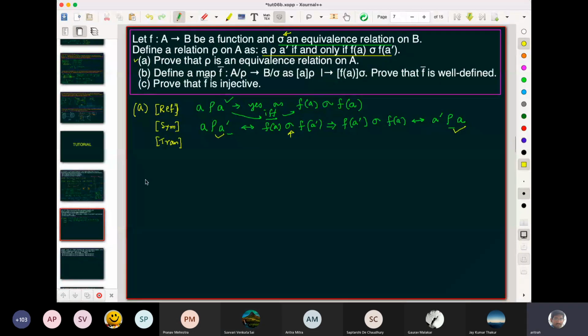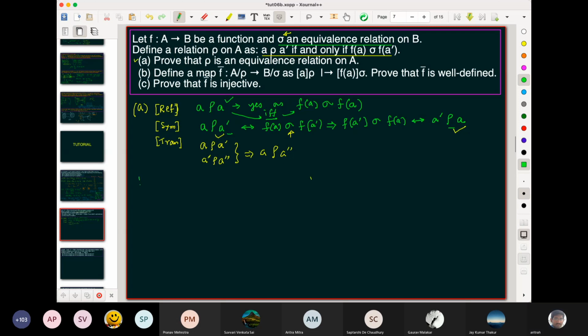Okay. Transitive you do. I will not do it for you. You do it yourself. Similar nature. From here I get here. From this I get something. Those two with sigma are transitive. They will give a transitive relation with A dash, A double dash and A. That will give rise to this one. Okay, can you visualize now?